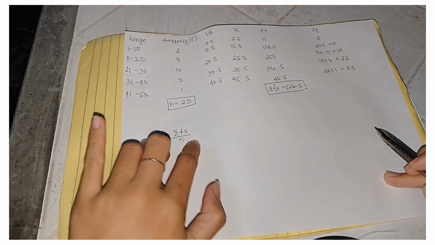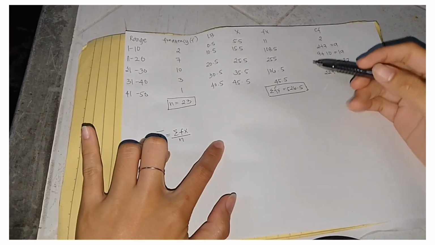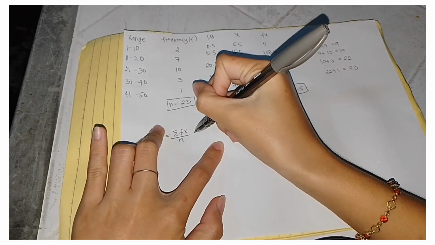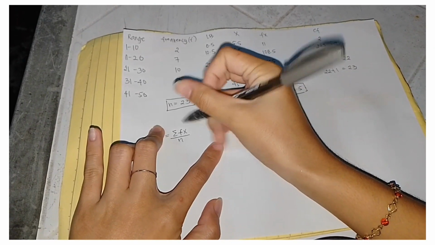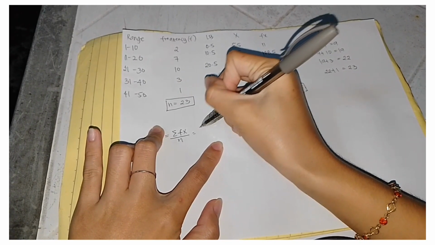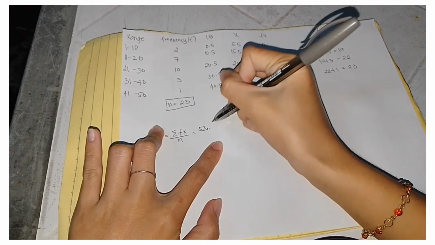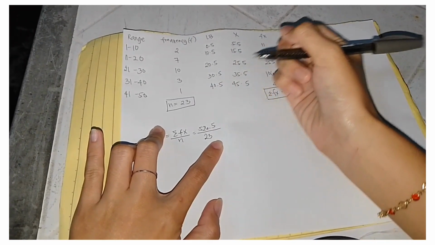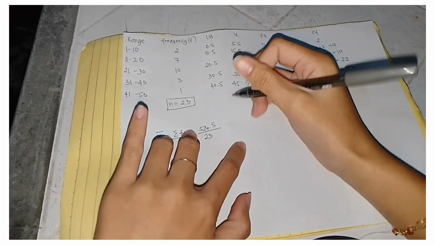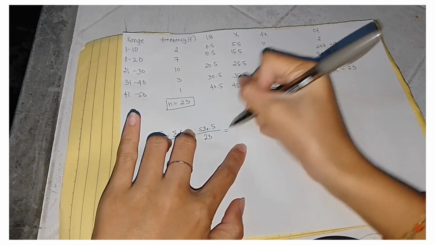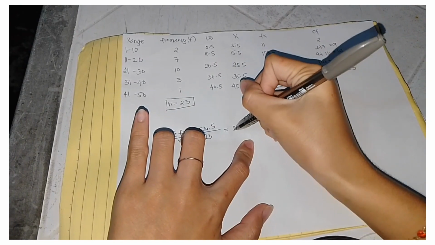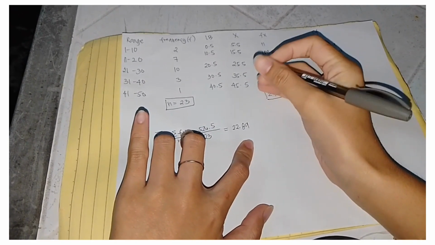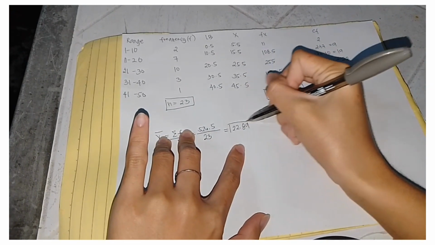Since the summation of fx is equal to 526.5, we will put 526.5 here. This is our mean.